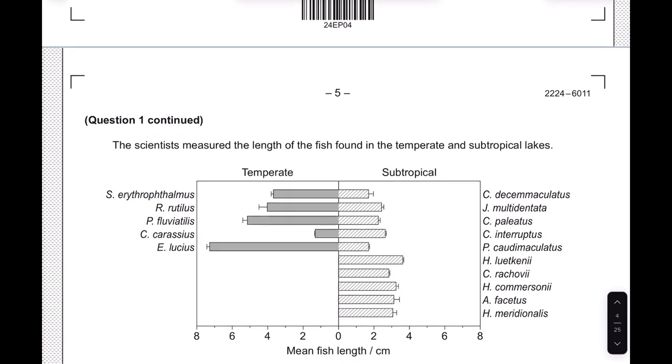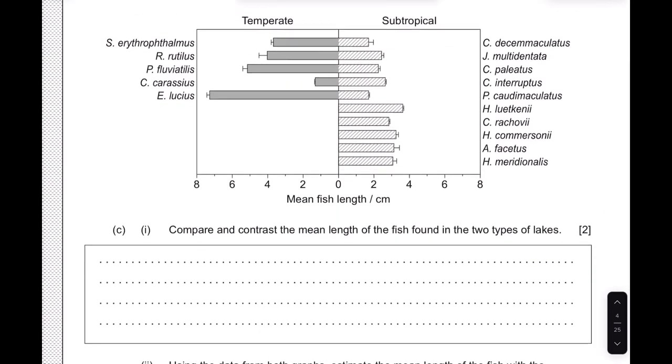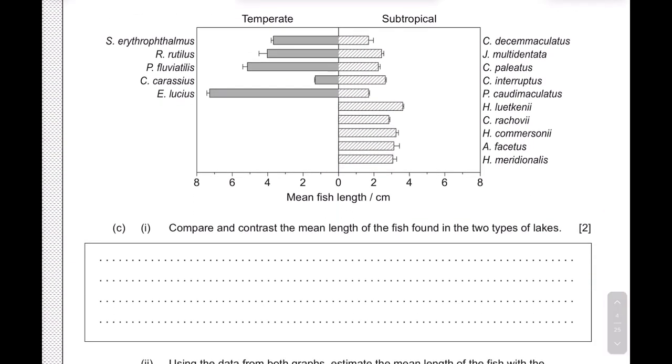Second question, they are asking you to compare and contrast the mean length of fish found in 2 types of lake. Now you have to write down one similarity to get a mark and one difference. So again, you can talk about the mean fish length.